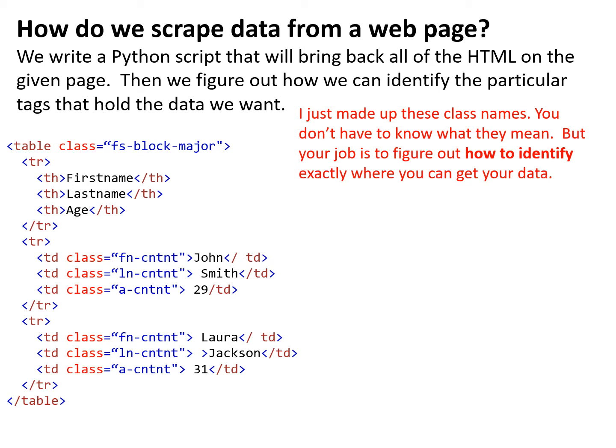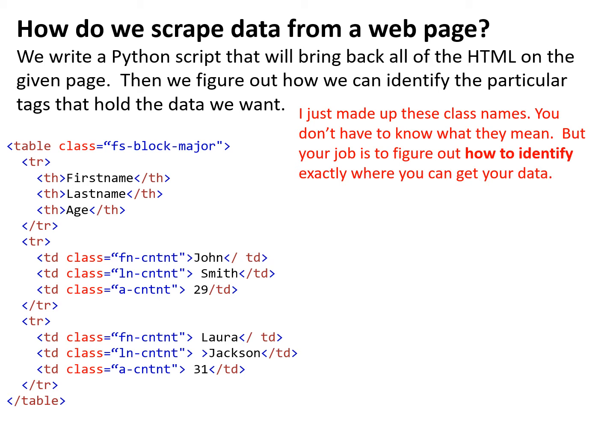I don't even know what they mean, and a lot of times the class names do just have words or letters like this, and you don't really know what they mean, and you don't really care. But we're just going to look here and see, okay, the table itself has a class of FS block major. Then that header, the table heading, that first row, doesn't have any classes involved with it.